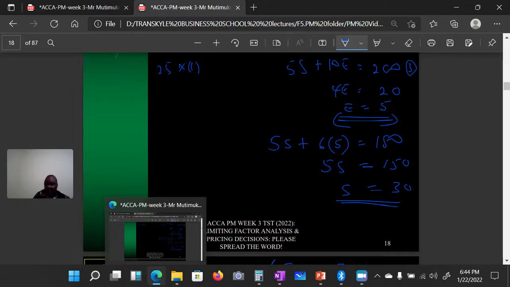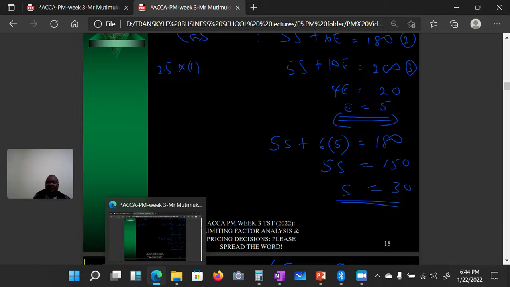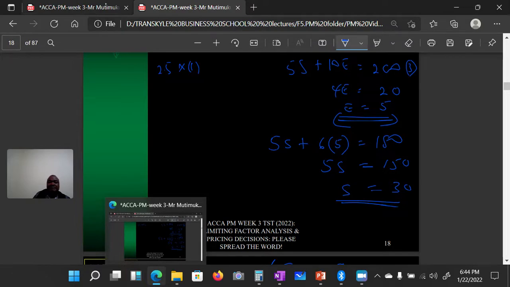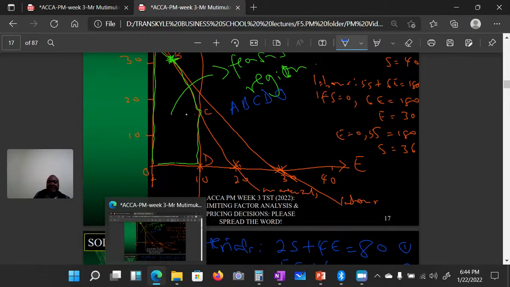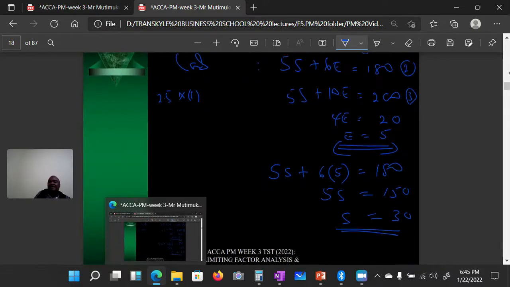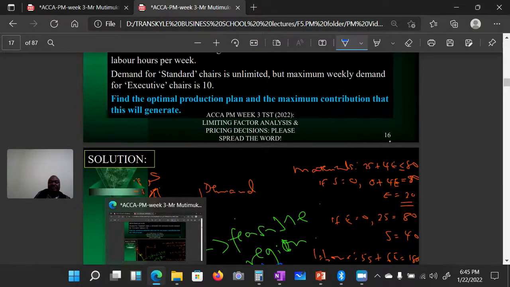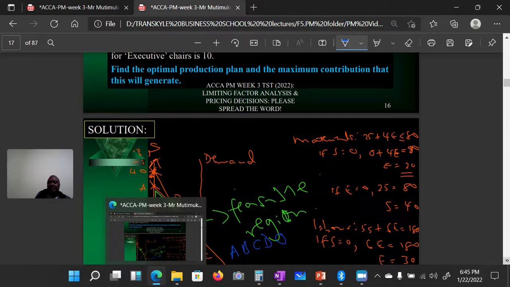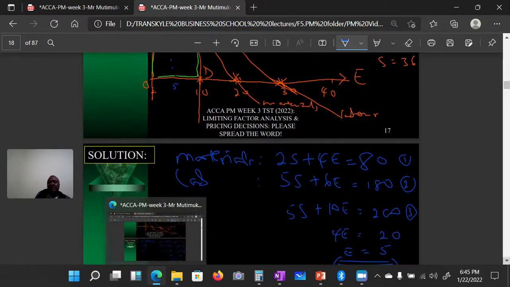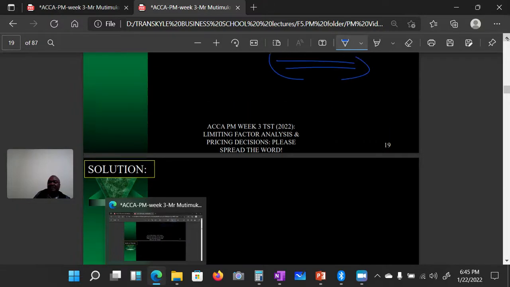So in terms of plotting, the point B is at e equal to 5 and s equal to 30. That's point B. In terms of total contribution at this point, it is 225, as we have discovered in our computations.